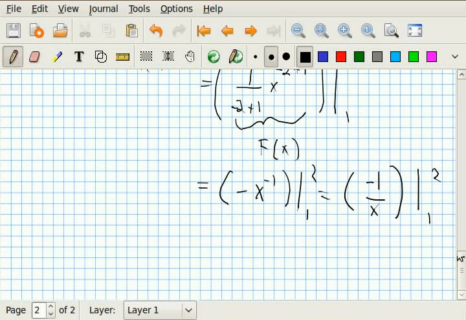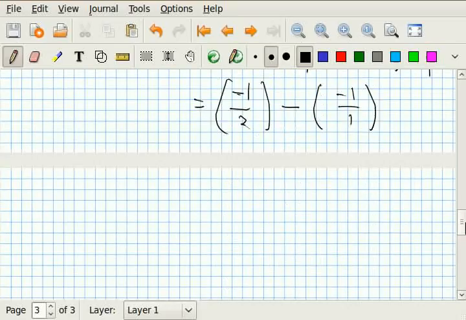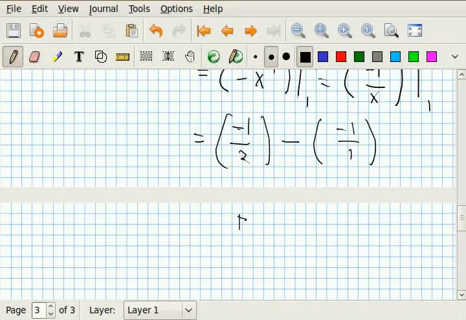So all we have to do now is substitute these numbers into the antiderivative we found. The upper limit goes first. We put in 2, so we get negative 1 over 2. Then we subtract what we get when we put the lower limit into this function. Well, that's 1. What you see me writing right here is F of b minus F of a, big F here.